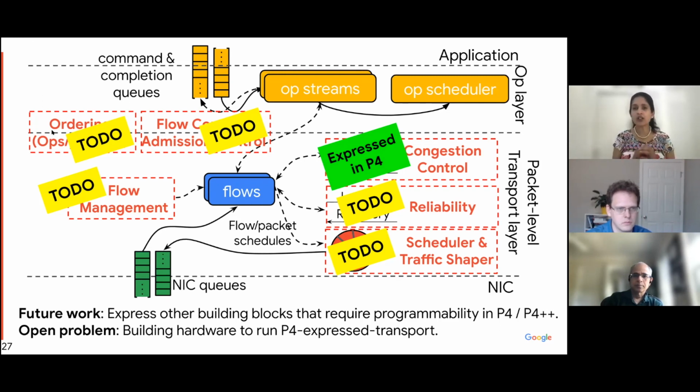A concrete example of that is, say, scheduler and traffic shaper. For example, in overlay networking, it's quite common for entities like the bandwidth enforcer to enforce rates on aggregates of flows, while at the same time, congestion control is enforcing rate on a finer granularity flow, right, on a 5-tuple basis.